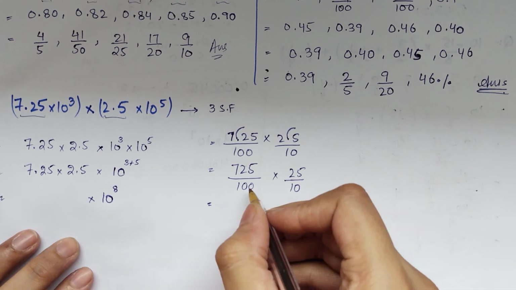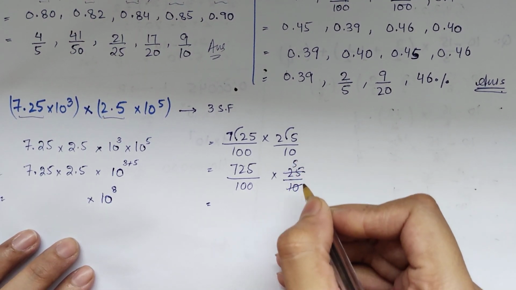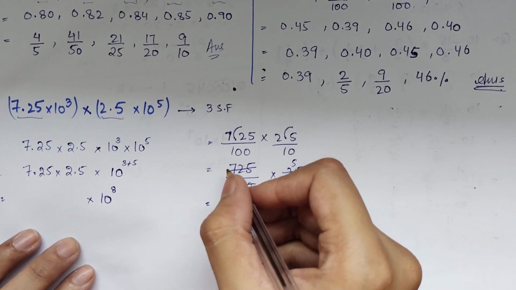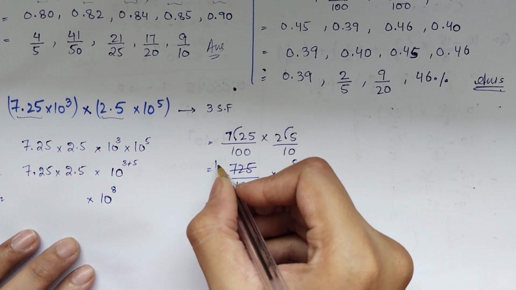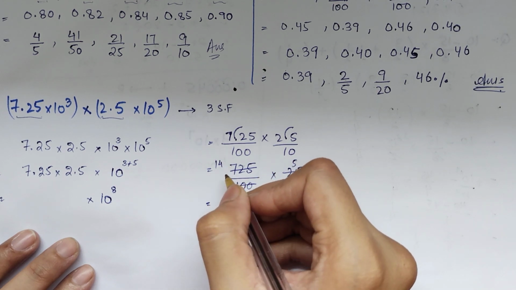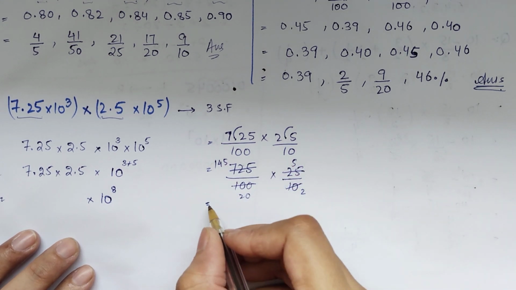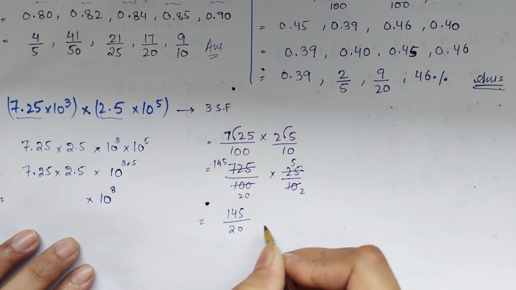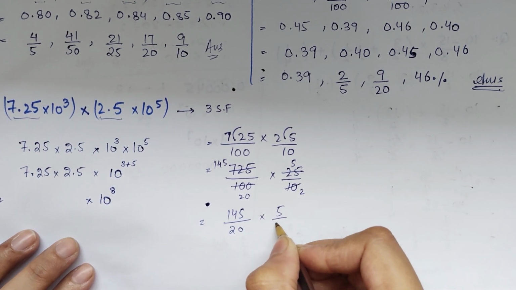I am doing it. 5 5s are 25, 5 2s are 10, 5 2s are 10, and it becomes 5 1s are 5, and 5 4s are 20 and 5 5s are 25. Okay, the simplified form is 145 over 20 multiplied by 5 over 2.